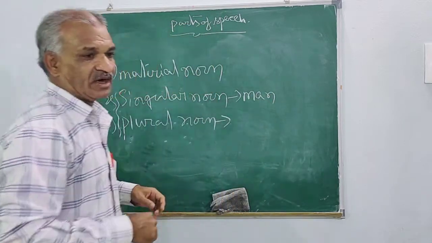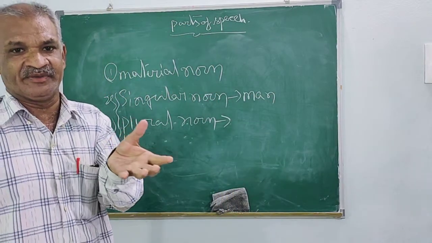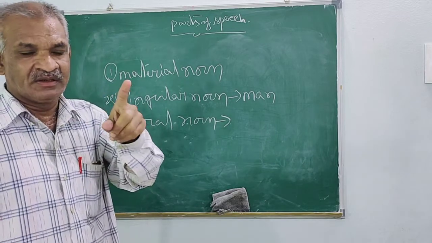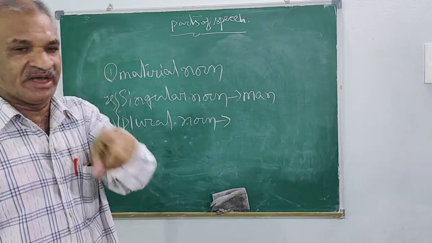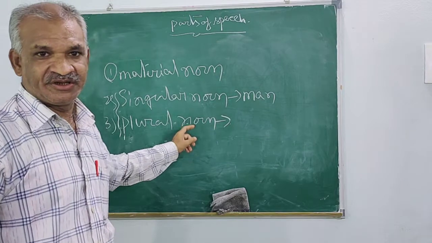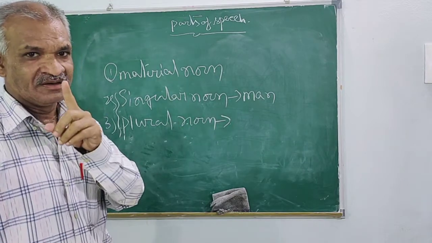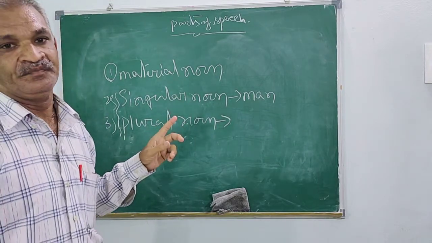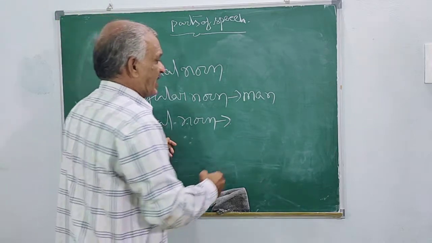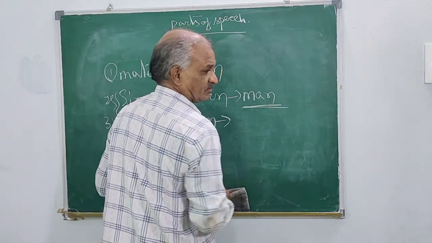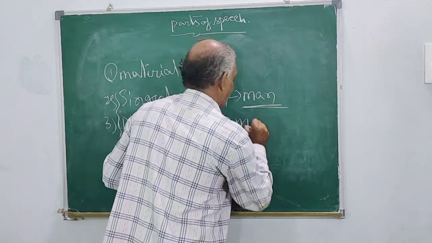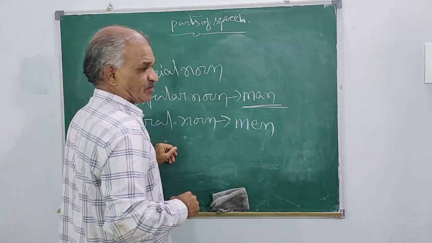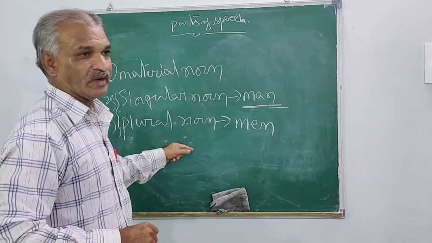If the thing or person, whatever it may be, is one, that will be called a singular. Here we have one board now, so it is called a board. If more than one, man is always singular. Men is a plural. That means more than one.